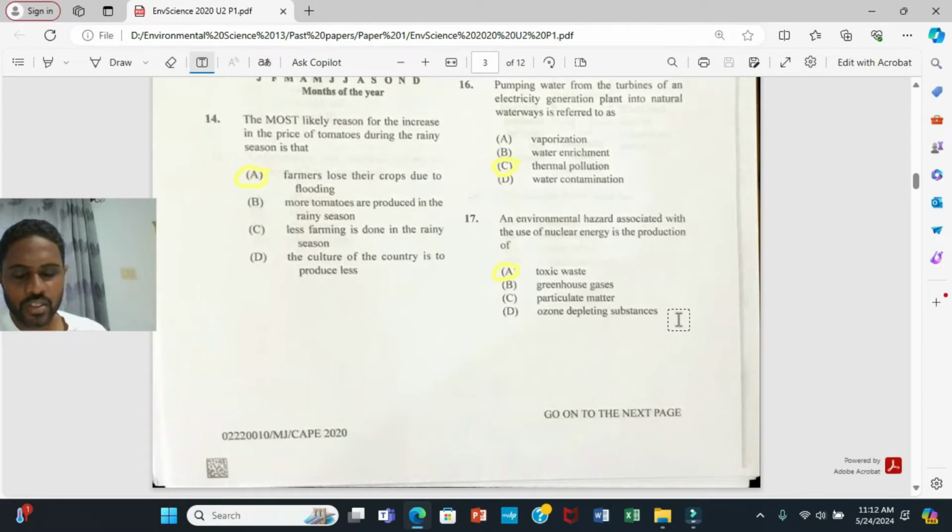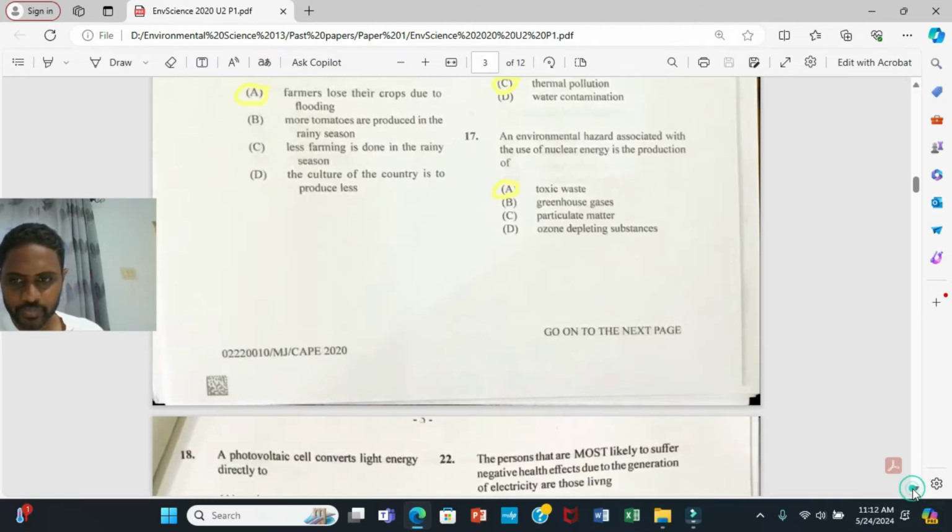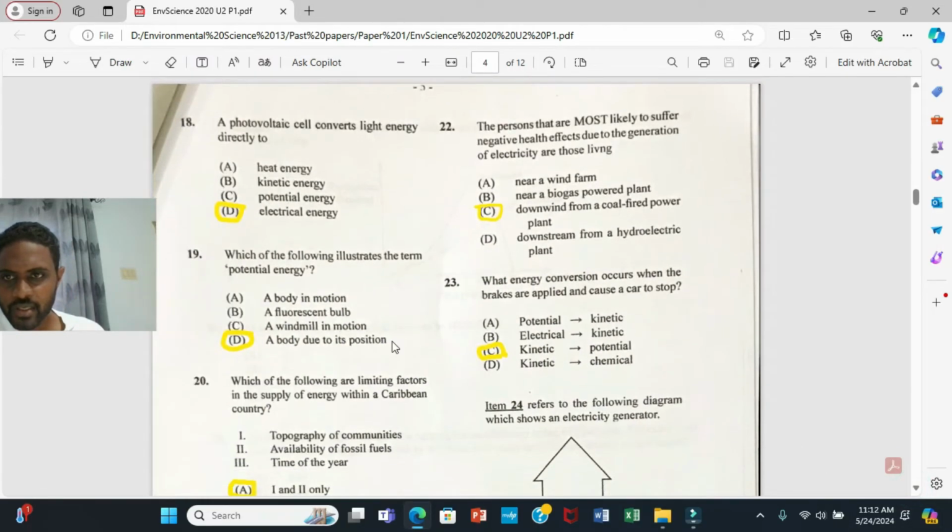Remember, guys, to check the 2023 papers to find these explanations, right? 17, an environmental hazard associated with the use of nuclear energy is the production of A, toxic waste. Number 18, a photovoltaic cell converts light energy directly to, the answer is D, electrical energy.